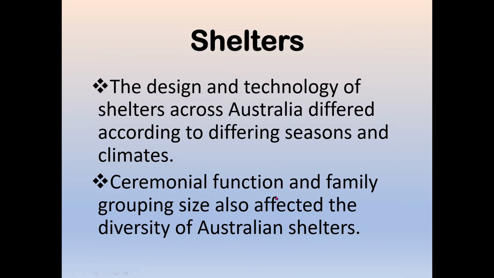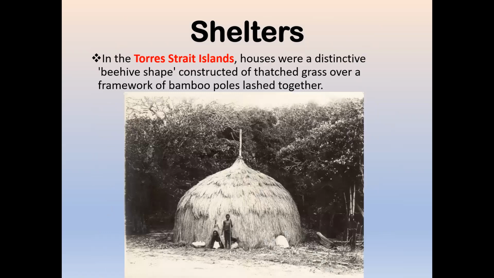The ceremonial functions with family groupings also affected the types of shelters they had. So depending on whether they were in far north Queensland, Victoria or WA, everything was different because the country is just too big. They moved around a lot to follow the food. But here are a few examples I found.